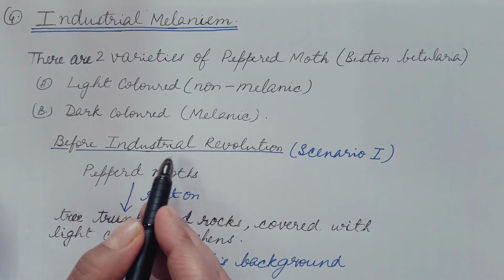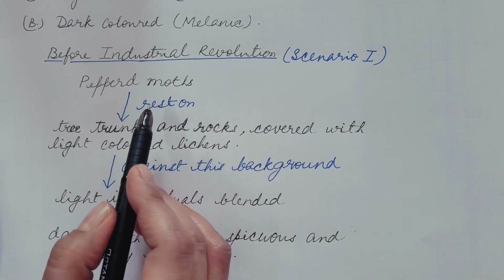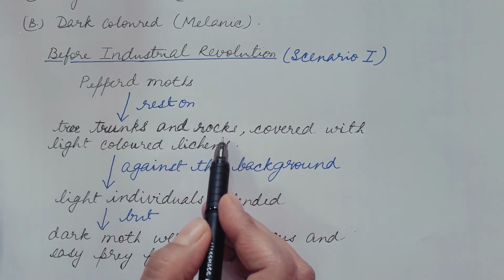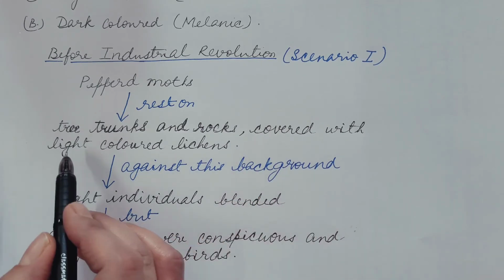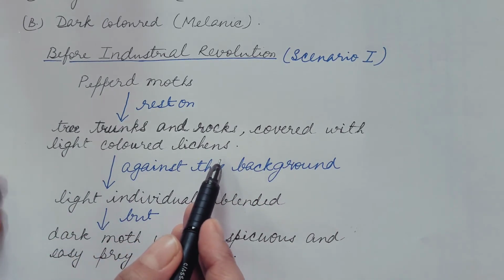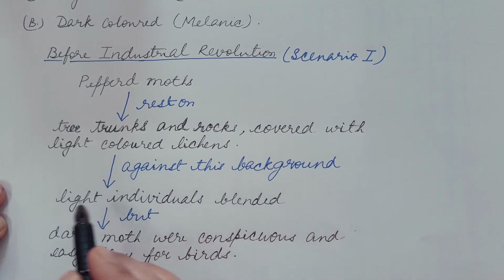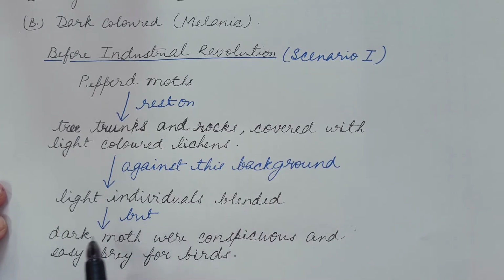First is before the Industrial Revolution. Peppered moths used to rest on tree trunks and rocks. These tree trunks and rocks were covered with light colored lichens. Hence, against this light colored background, light individuals blended, but dark moths were conspicuous and easy prey for birds.